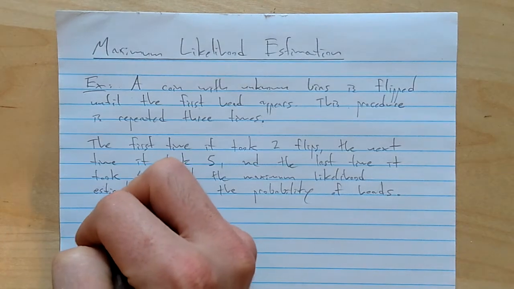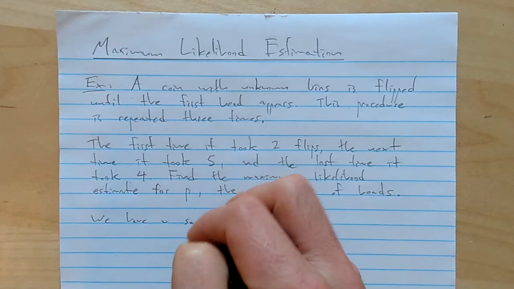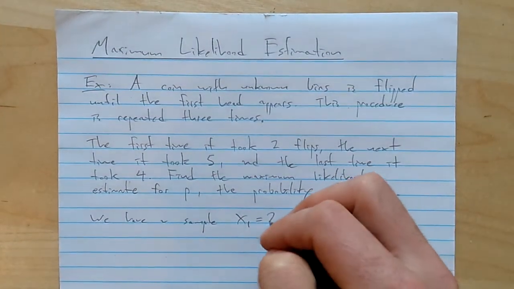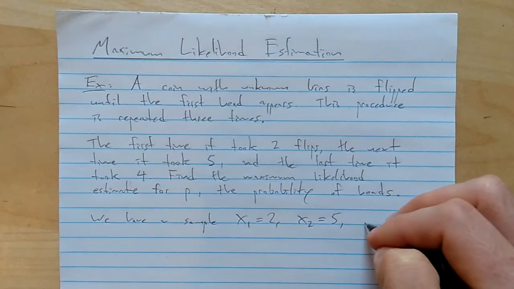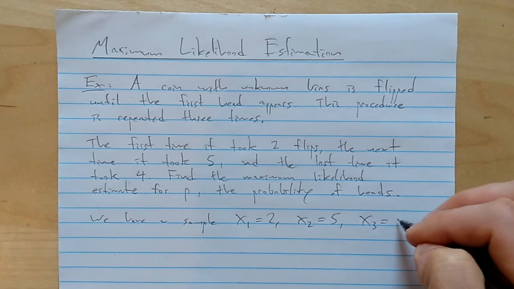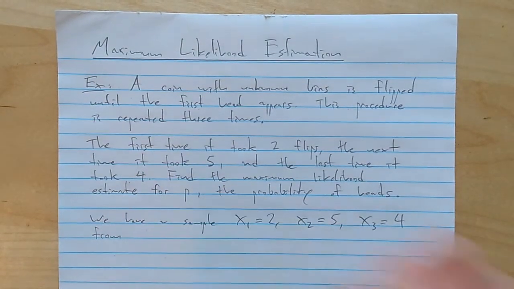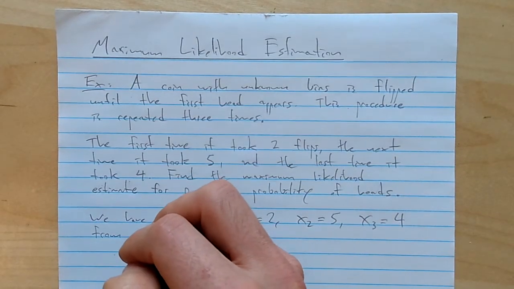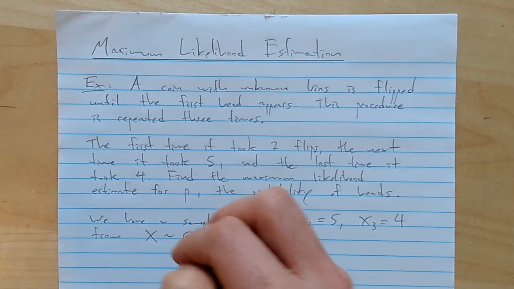So here we have a sample x1 equals 2, x2 equals 5, and x3 equals 4 from a geometric distribution.